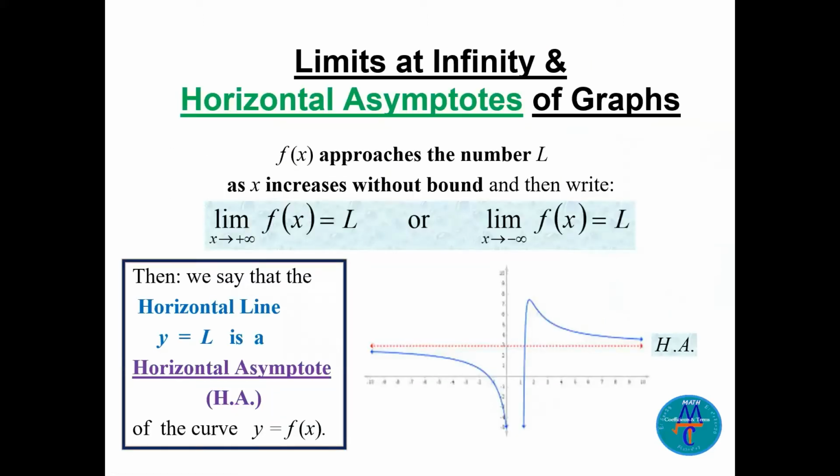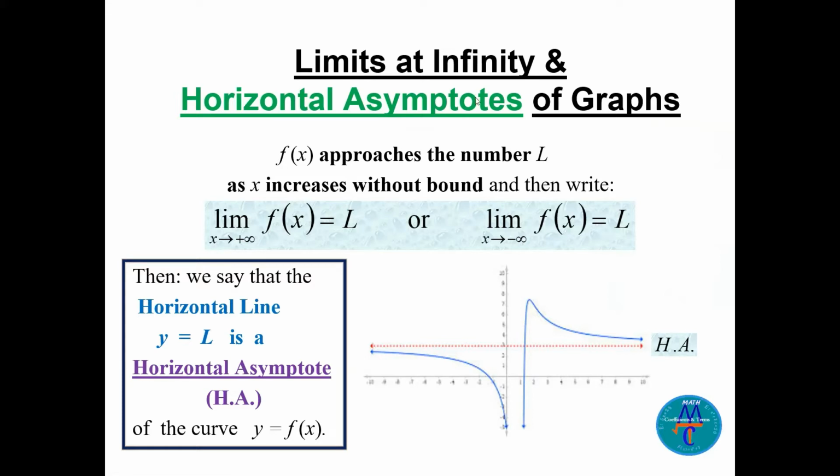Now, limits at infinity. Here f of x approaches a number L. Limits at infinity is different from infinite limits, guys. Here, the limit is a number as x goes to plus infinity or minus infinity.